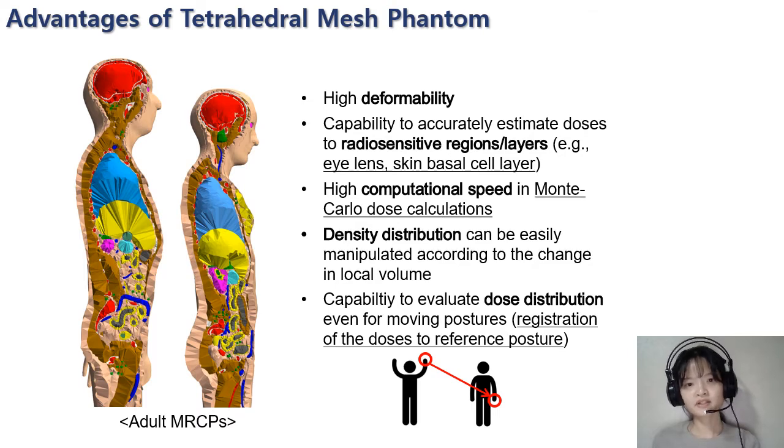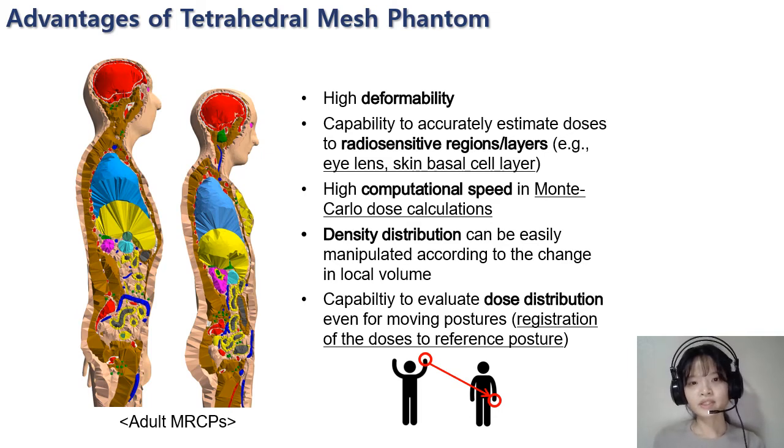This is very advantageous in phantom animation because as the phantom changes its posture, local volumes can vary. Some of them can be extended and some of them can be compressed, and this issue can be compensated if the local densities can be accordingly adjusted.